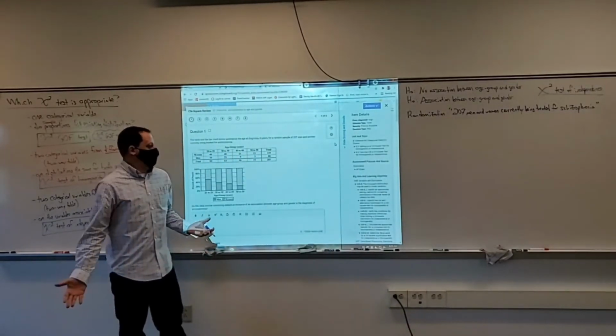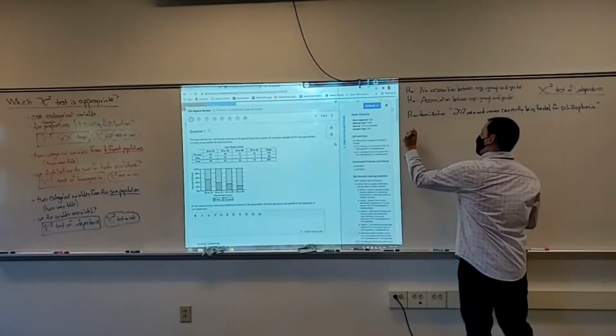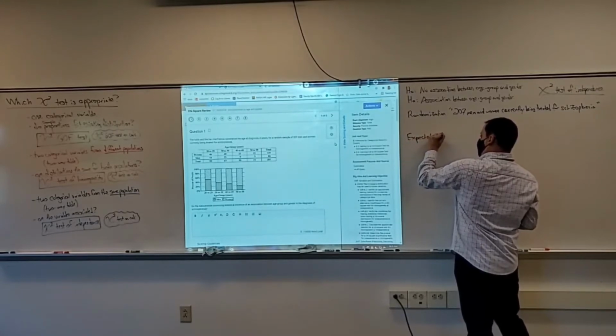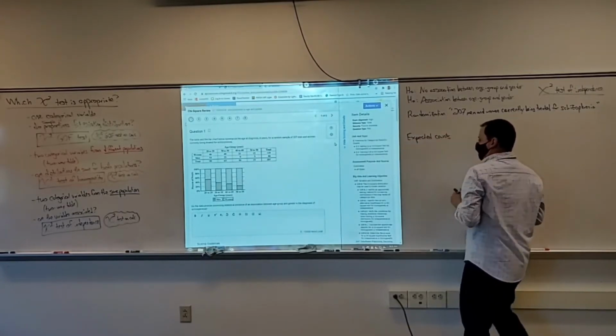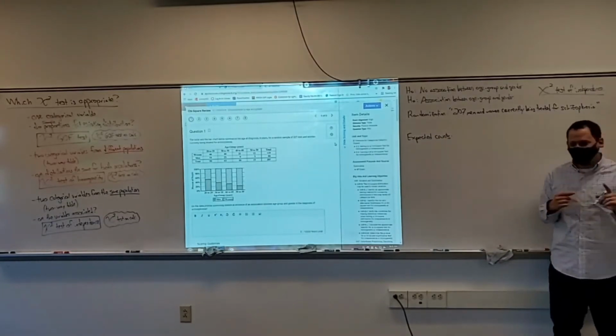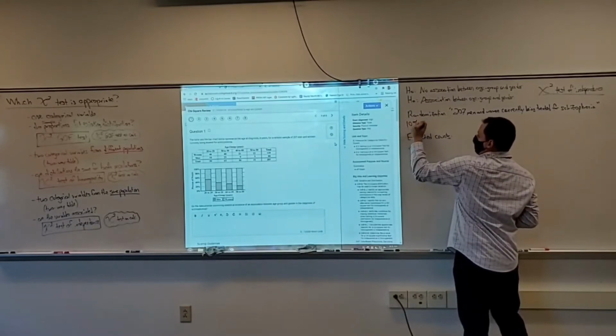Another condition. Expected counts. That's the tough one to check, so I actually want the other one. 10% condition. We will check this, just last.